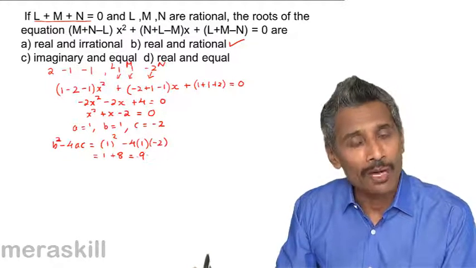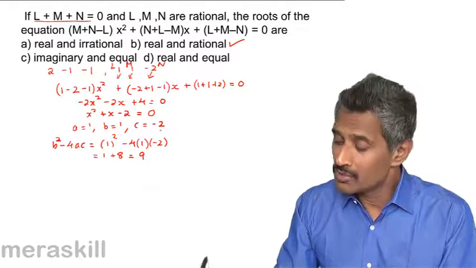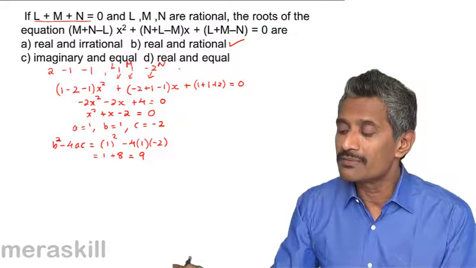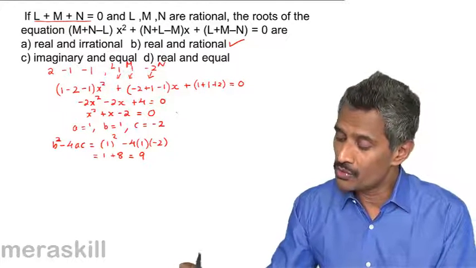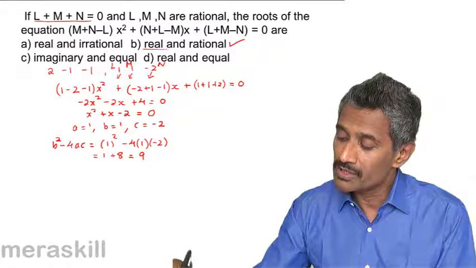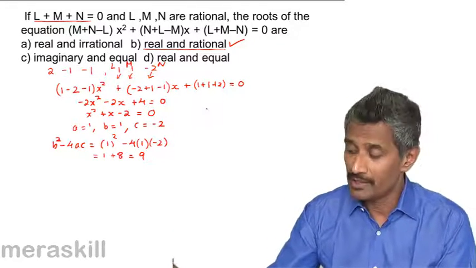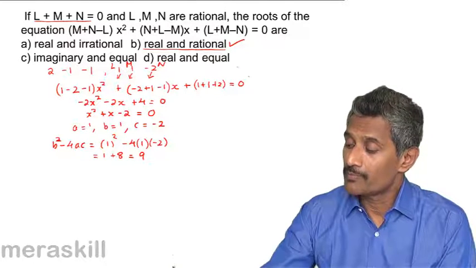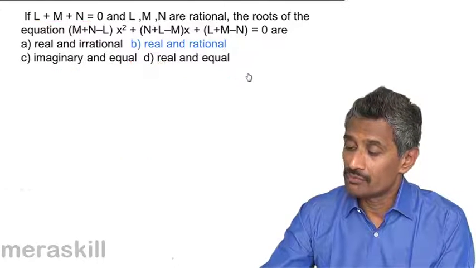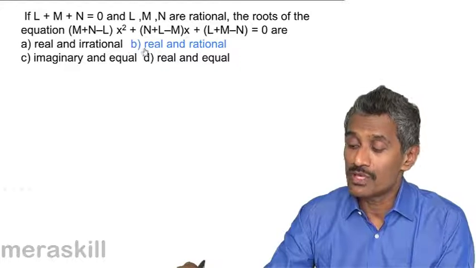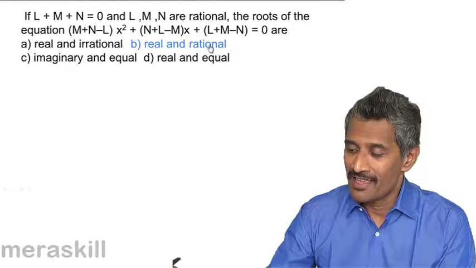That means you are bound to get perfect squares. So this is how we can solve these kinds of equations. The answer is going to be real and rational. This is the fastest way of going about this kind of situation. And yes, we are right, the roots are real and rational.